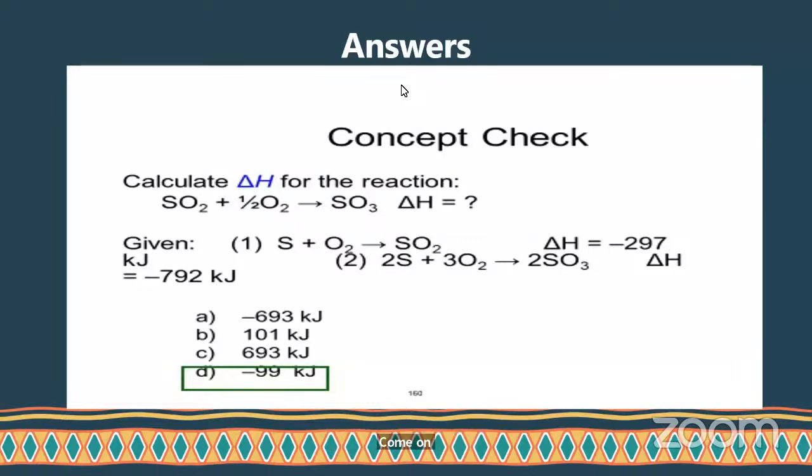Minus 99 kilojoules. Correct. And experimentally, the enthalpy change for this particular reaction is minus 99 kilojoules. So whether this reaction goes in one step or takes place in a series of steps, the enthalpy change is going to be the same.